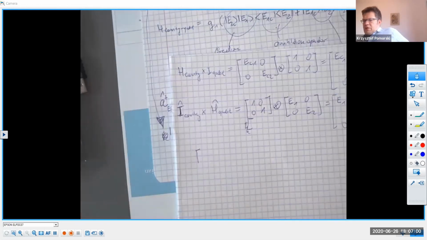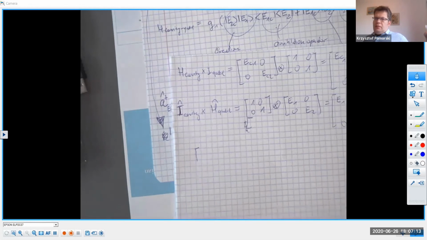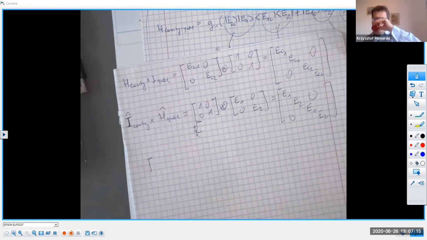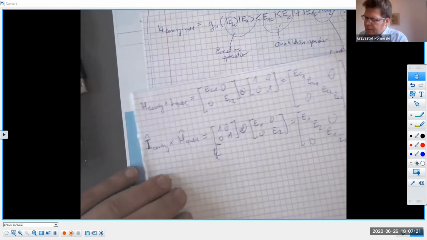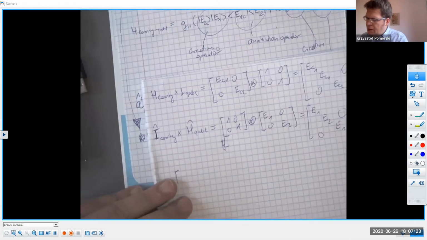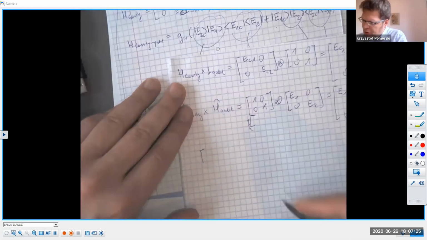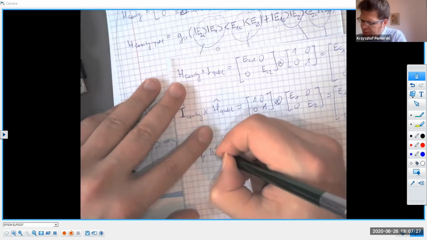It's not hard to recognize that this interaction term is generating this entanglement between matter and radiation, and so we need to be able to evaluate those guys.